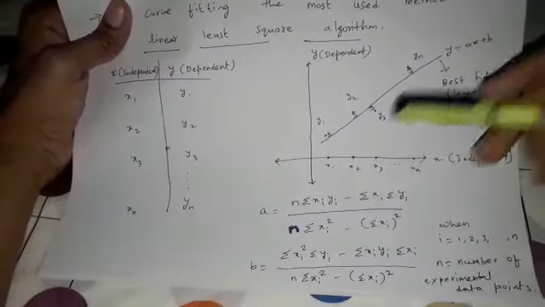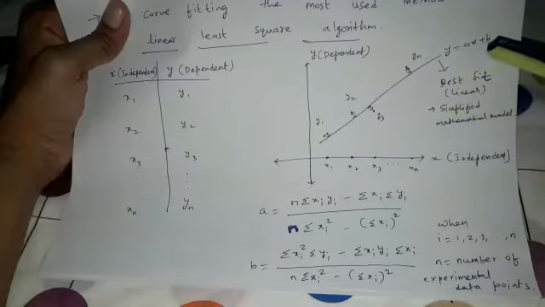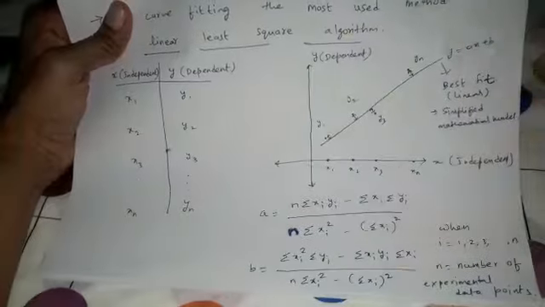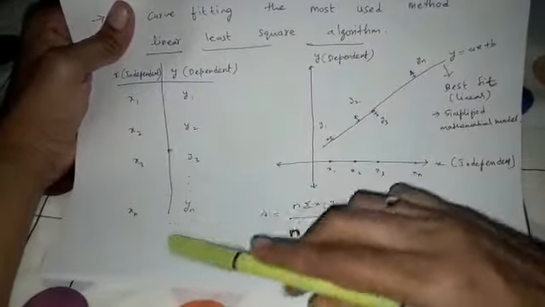So the straight line equation is y is equal to ax plus b, and this will be the simplified mathematical model for this data.